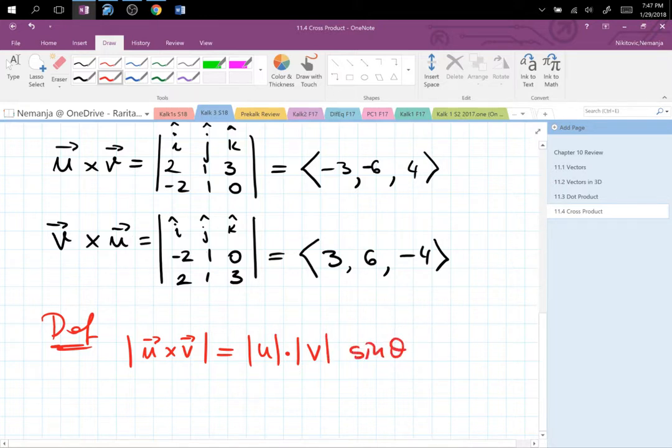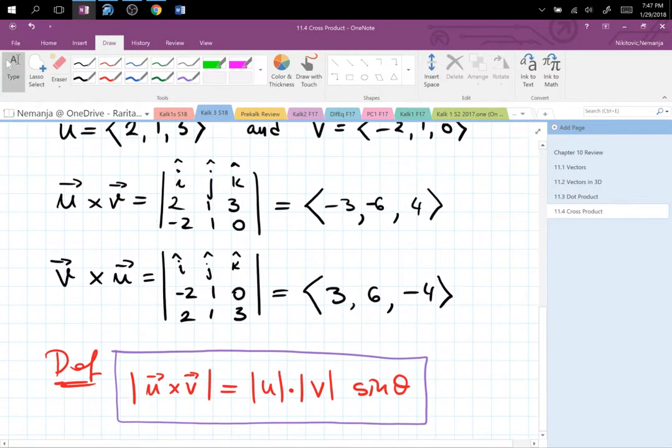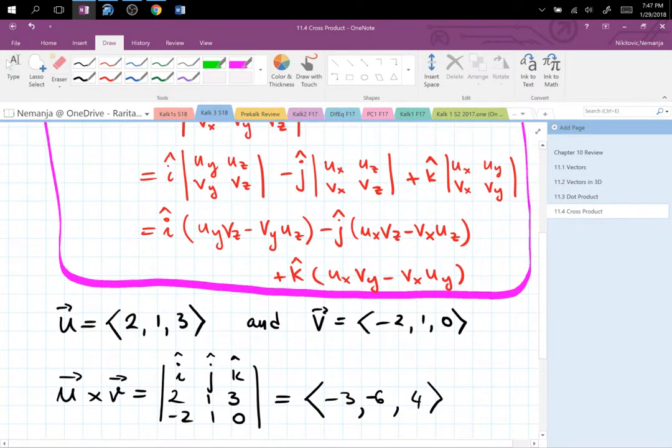Isn't that a formula awfully similar to your dot product, except you have a sine now? And you actually have the absolute value, the magnitude of u cross v.